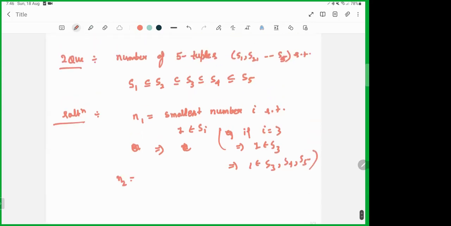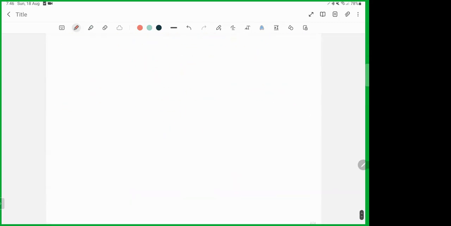Similarly, Nj is the smallest number i such that j belongs to Si.